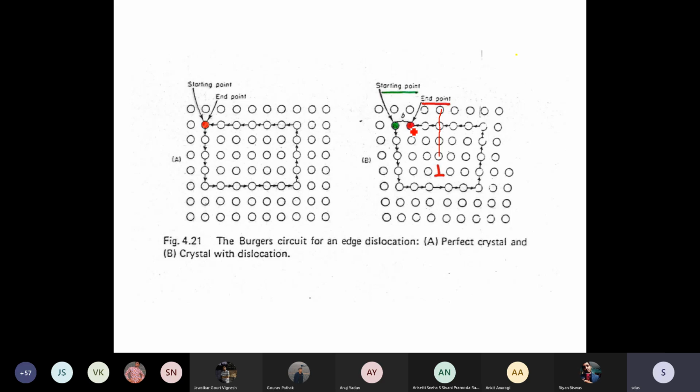Now where do I end? Not on this green color atom, on the red color atom. The circuit is not complete.